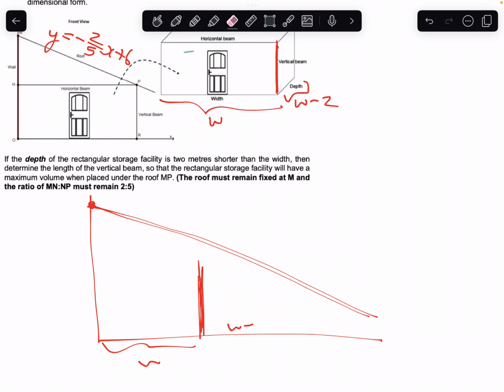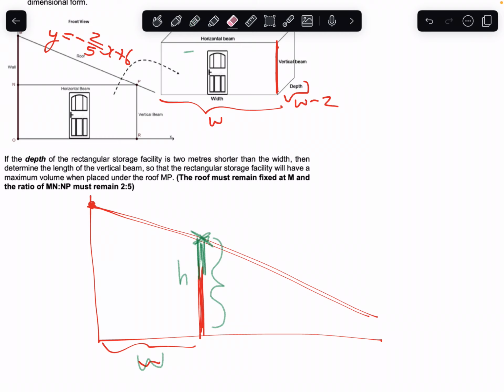Let's not think about that right now on a 2D Cartesian plane. Then the vertical beam needs to become a bit taller in order for it to meet the roof. The equation of the roof is not changing. All that is changing is W and the resulting height of the beam. We can call that H.